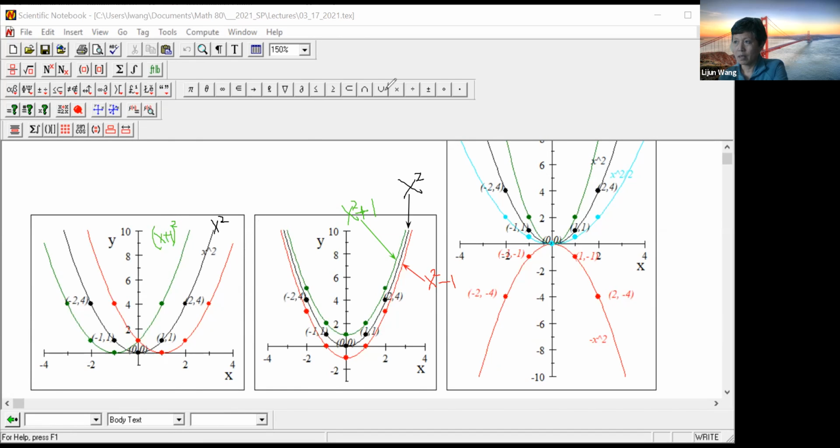And the red. And of course, we have marked all of that. So far, so good?